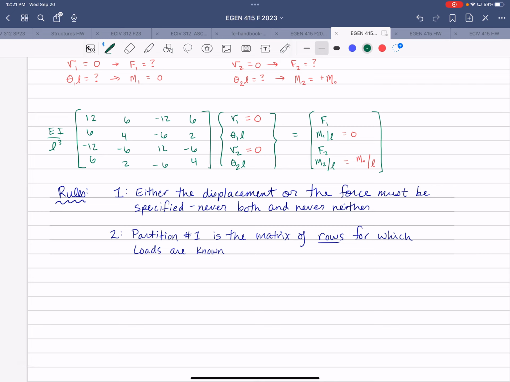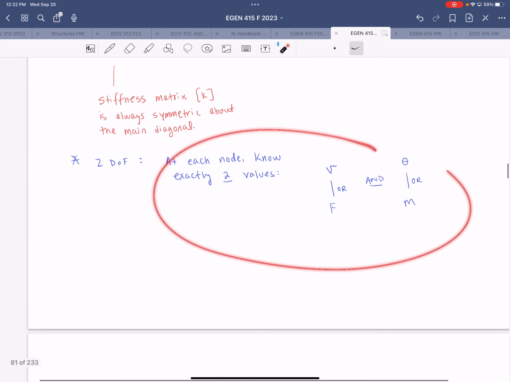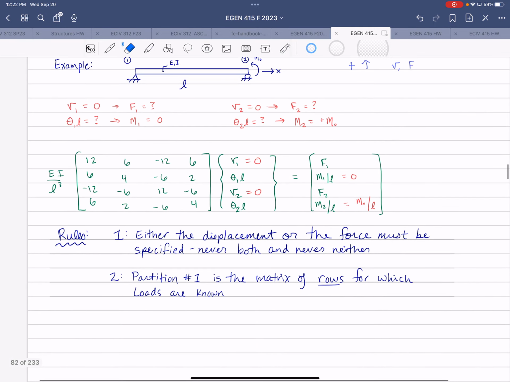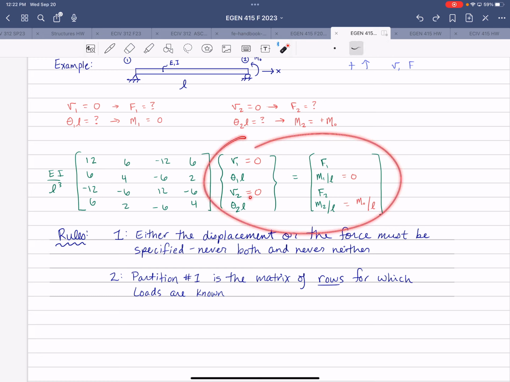All right, so a couple of rules that apply to all these types of problems. First, either the displacement or the force must be specified, never both and never neither. That's just kind of a long-winded way of saying what we said up here, right? At each node, you know exactly two values, right? Either displacement or force and either rotation or moment. So we can visually see that, right, between these two force and displacement matrices.